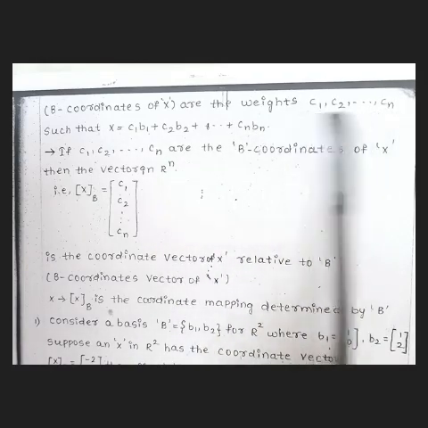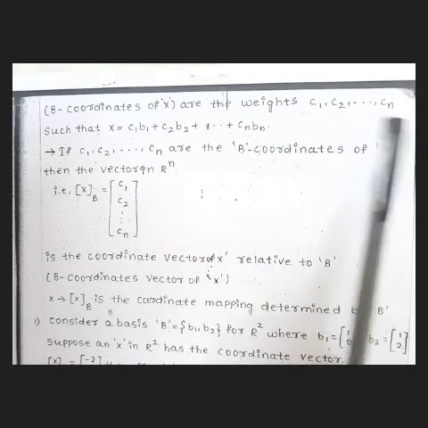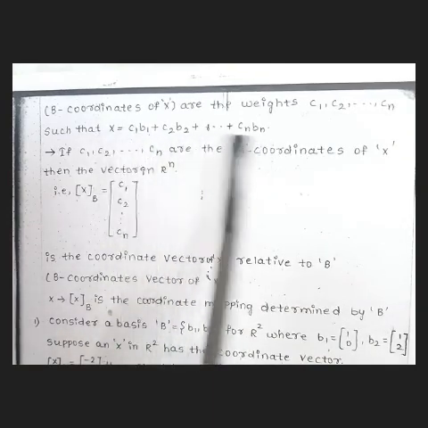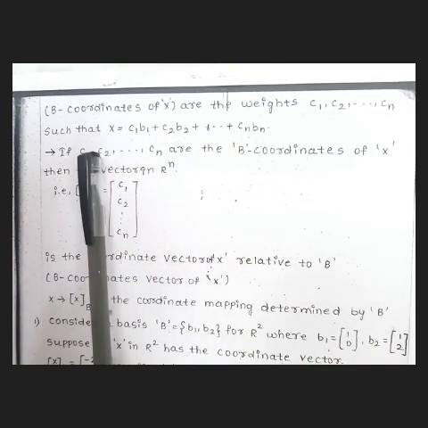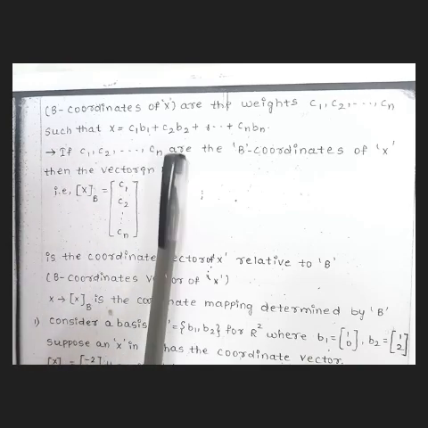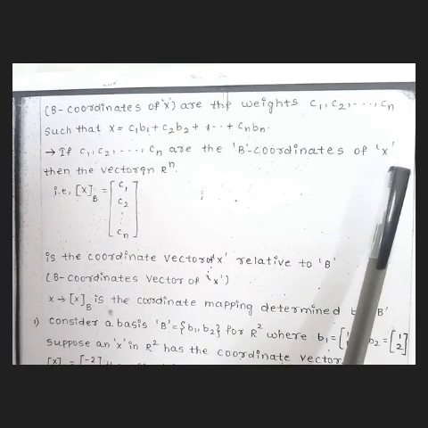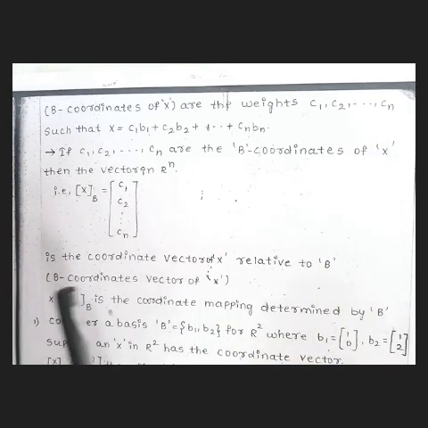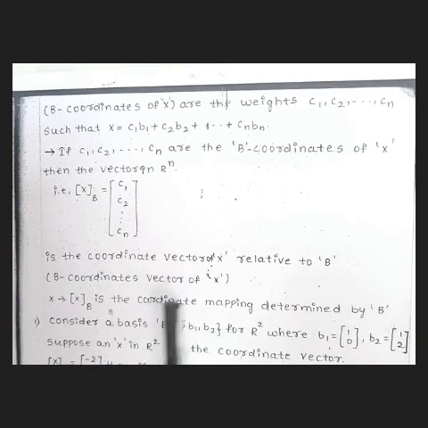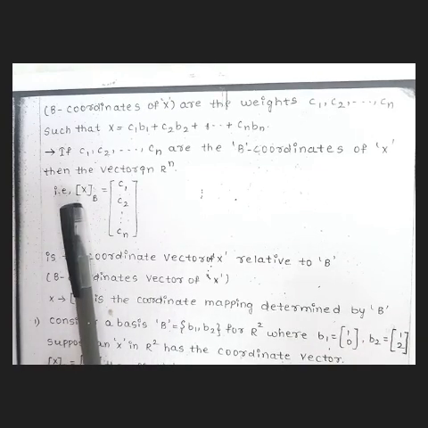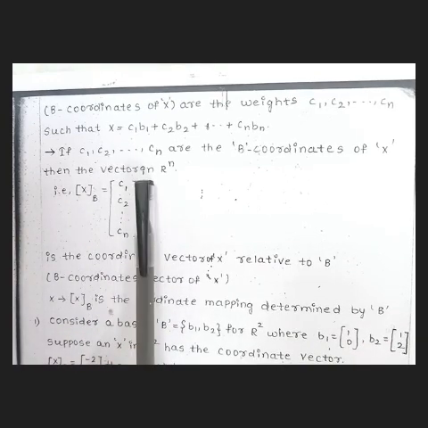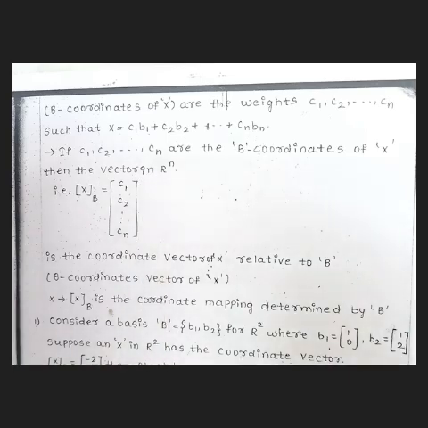The weights are the scalars c1, c2 and so on up to cn, such that by the unique representation theorem we can write x like this. So these weights or scalars are the B-coordinates of x, or the coordinates of x relative to the basis B, and it is denoted by [x]_B, represented in column form.